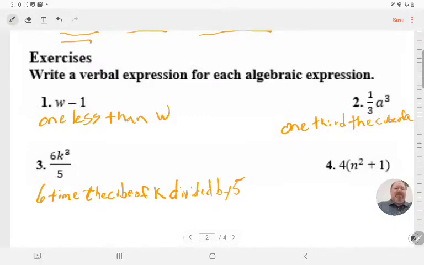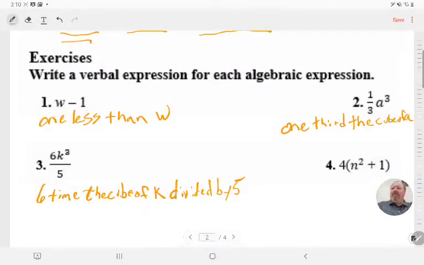So 6 times the cube of K divided by 5. I could do that. I could say the quotient of 6 times K cubed and 5 would work also, okay?